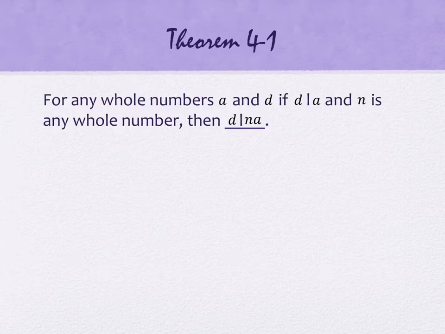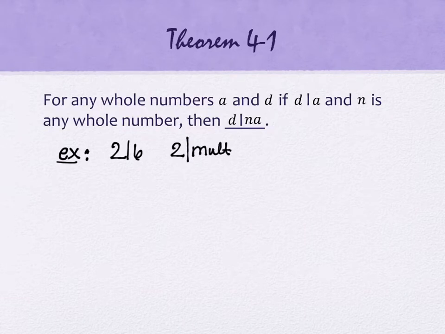So if 2 divides 6, then 2 will divide all multiples of 6. That's what N times A means.